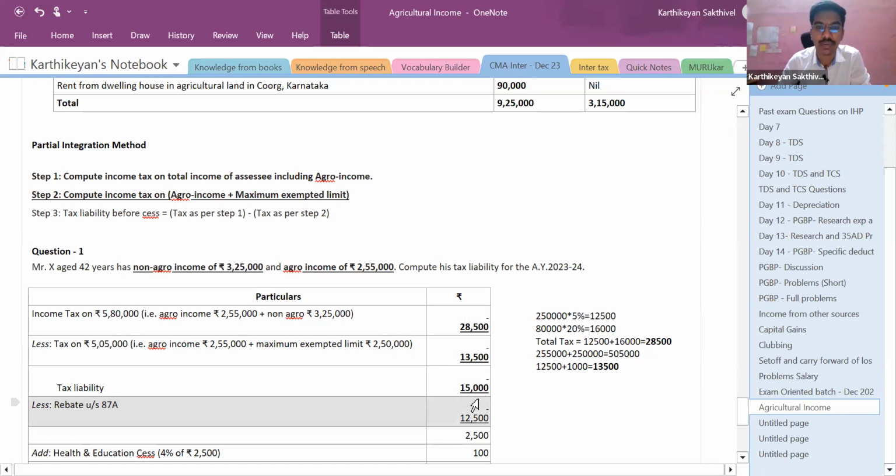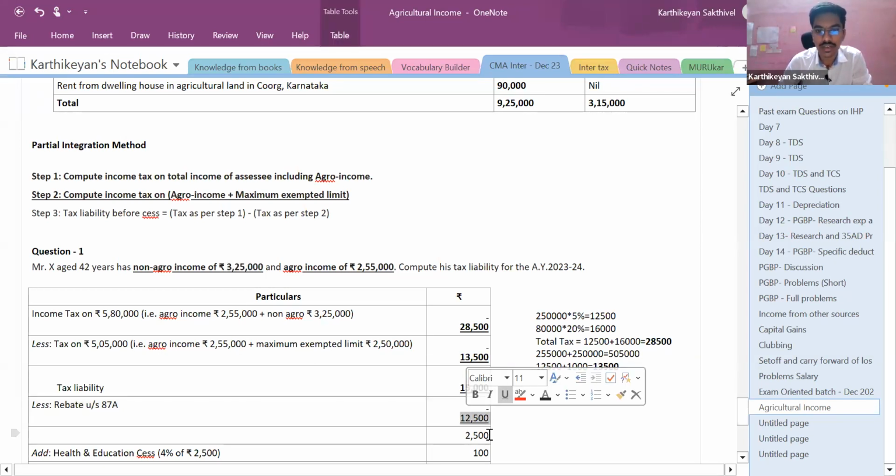Regarding tax rates, if your income is below 5 lakhs, you get a maximum rebate of 12,500. Tax payable or 12,500, whichever is lower, can be claimed as rebate. Here my non-agricultural income is only 3,25,000, which is less than 5 lakhs, so I can claim the rebate.